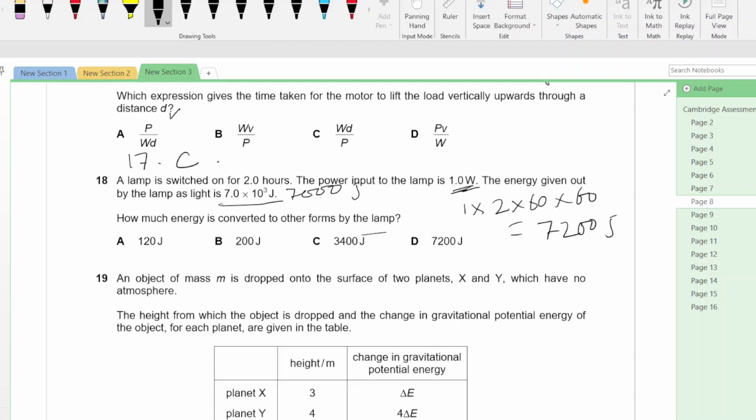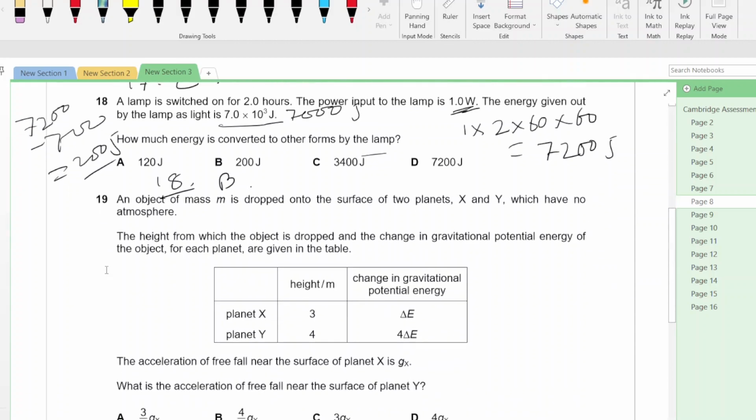Therefore, energy converted to other forms is 7,200 minus 7,000, which equals 200. And it is answer B. 18, right, B.